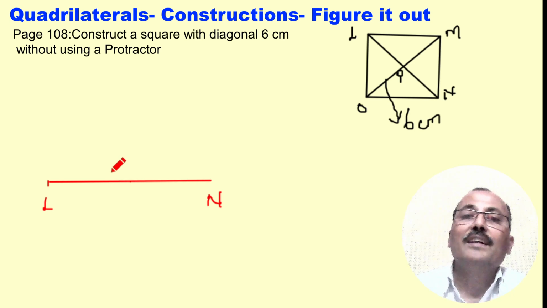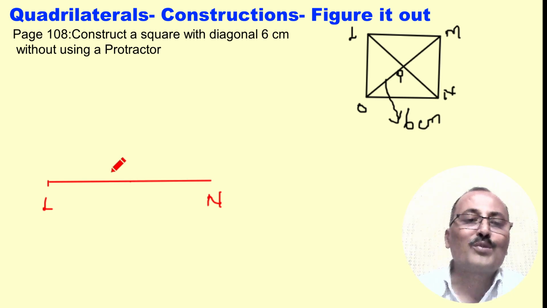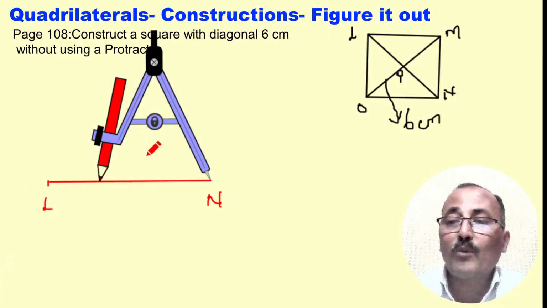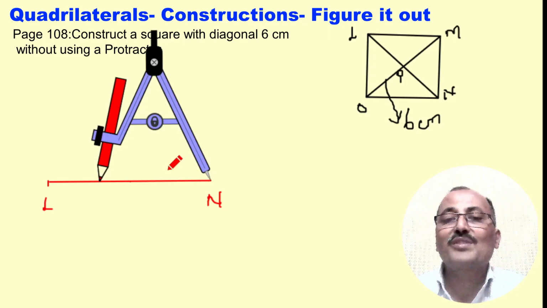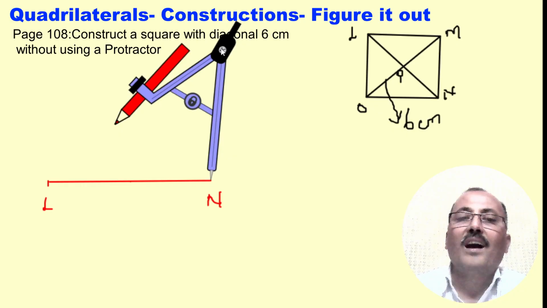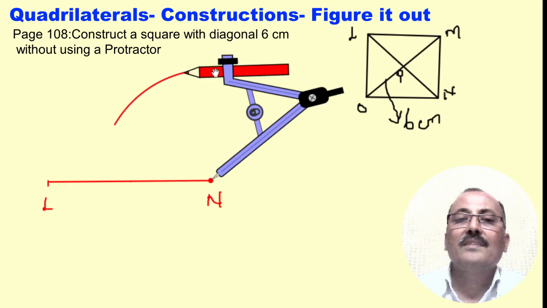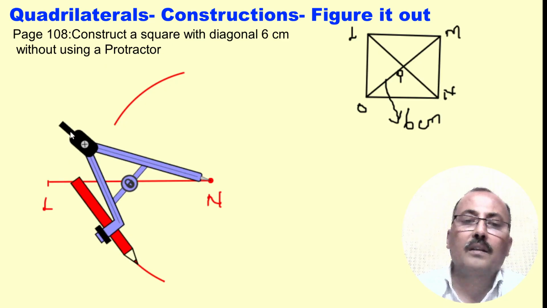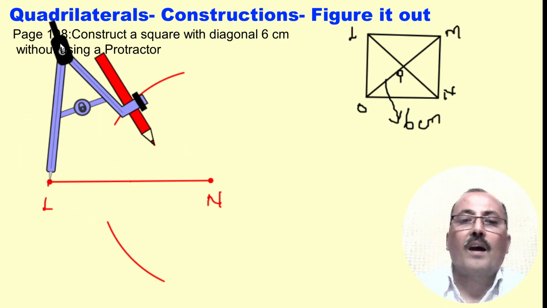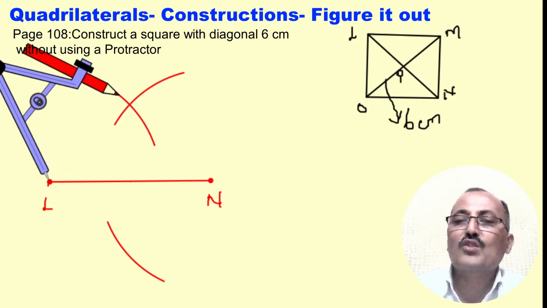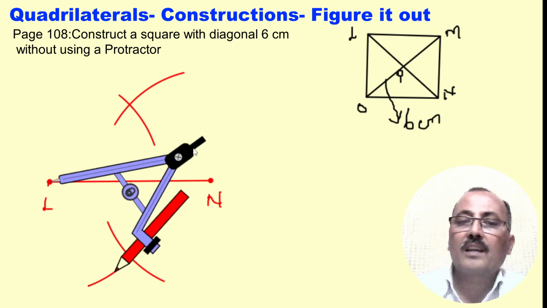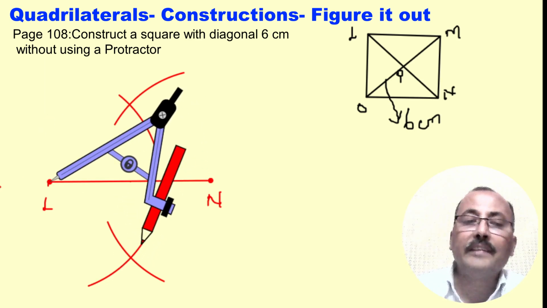How to find O? No protractor, so you have to use only the compass. What is the procedure you have to follow to use the compass? Take more than half of that length and draw arcs on both sides, up and down. Now shift it. Draw arcs with the same radius to cut the previous arcs, both up and down.